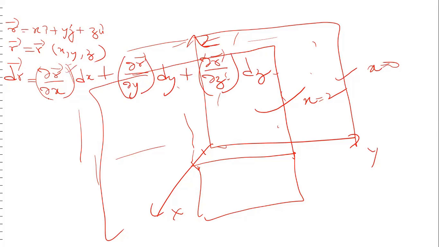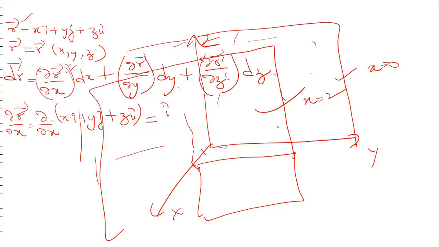So if you take this dr upon dx, you know that this is r vector. So del r upon del x will be del upon del x of xi plus yj plus zk. If you differentiate it, del x upon del x is 1, del y upon del x is 0, del z upon del x is 0. So you will get i cap here.